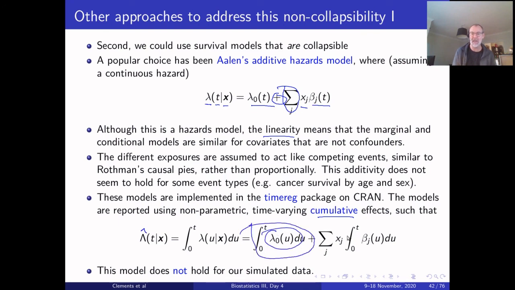You actually get out this entire term here, and then you get out each of these terms here. And then if we're interested in this or this, we have to think about differentiating the cumulative effects. Note that this model does not hold for our simulated data.